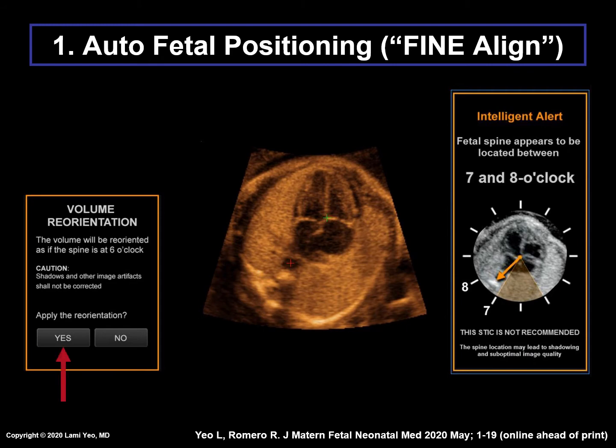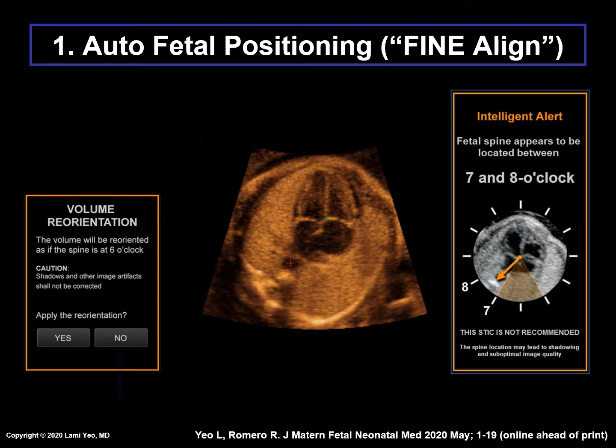If the user clicks yes, this will now happen, and the user will be asked by the system to mark the crux again. The marking process will continue as usual, but now the spine is at 6 o'clock. Because the spine is now at 6 o'clock, none of the 3 marking alerts will appear.